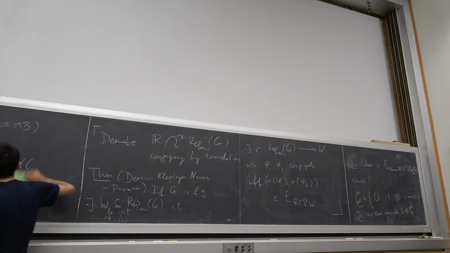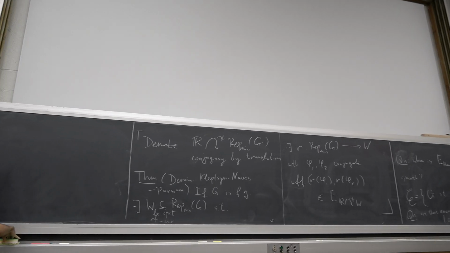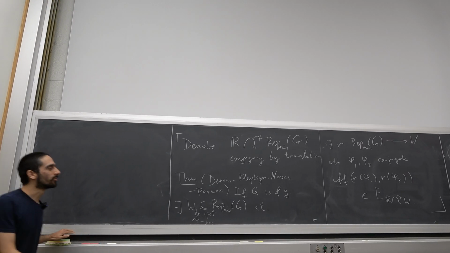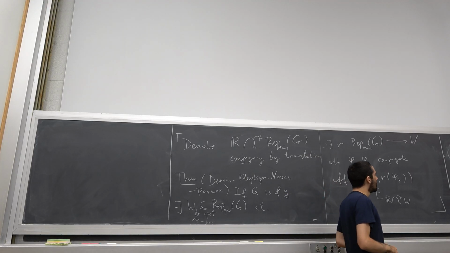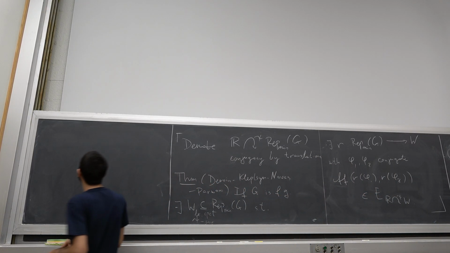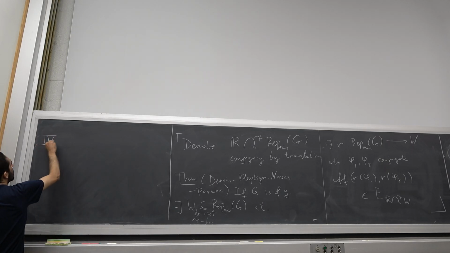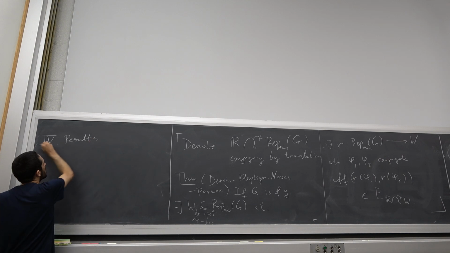The thing is that what we show now is that this class is big. I'd like to know if actually all amenable groups are in C. We prove some closure properties of this class.